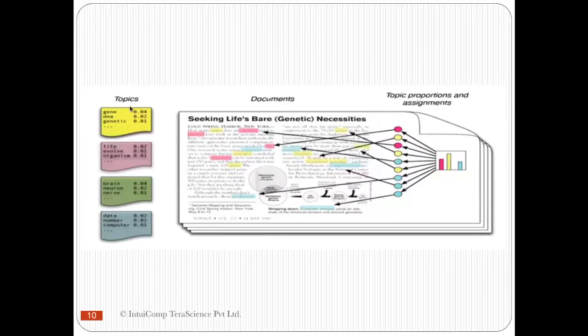So topic number 1 will not be essentially a set of these words, but it will give the probability of occurrence of each of these words in this topic. So for example, it will give the probability of occurrence of gene in topic 1, it will give the probability of occurrence of DNA in topic 1, and it will give the probability of occurrence of genetic in topic number 1. So this essentially is a probability distribution of the words.